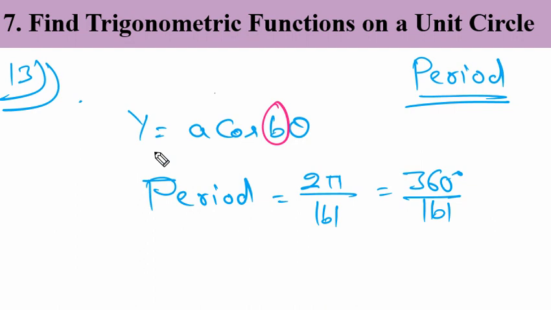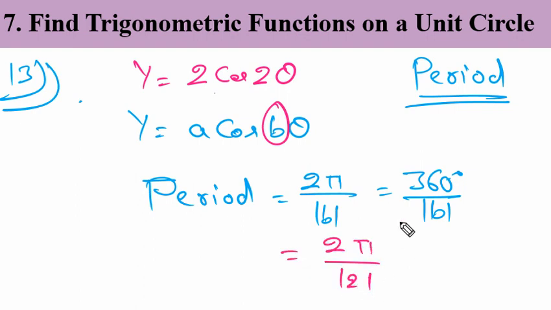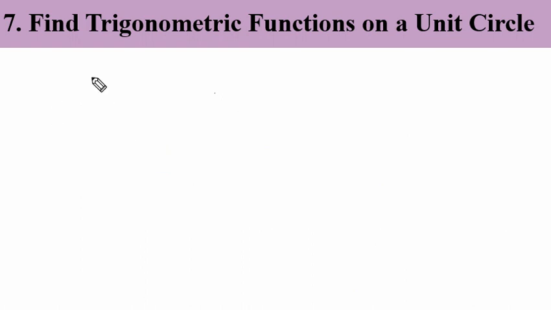For example, if you have y is equal to 2 cos 2 theta, then the period will be 2 pi over mod 2, or you can say 360 degrees over mod 2, which will give you 180 degrees. Now this is when you have an expression. Now what about the graph?